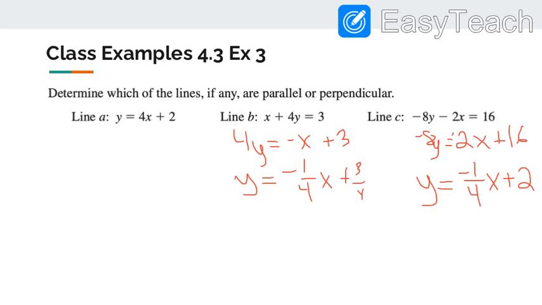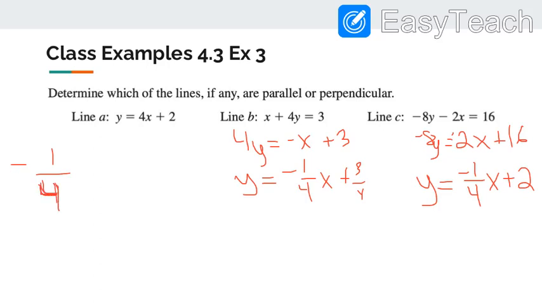So when we look at these ones, we're looking for things that are negative reciprocals to each other. One way to check for a negative reciprocal is, let's take our first equation. 4 is our x value. So when we do our reciprocal, we would do 1 over 4 and then make it a negative.